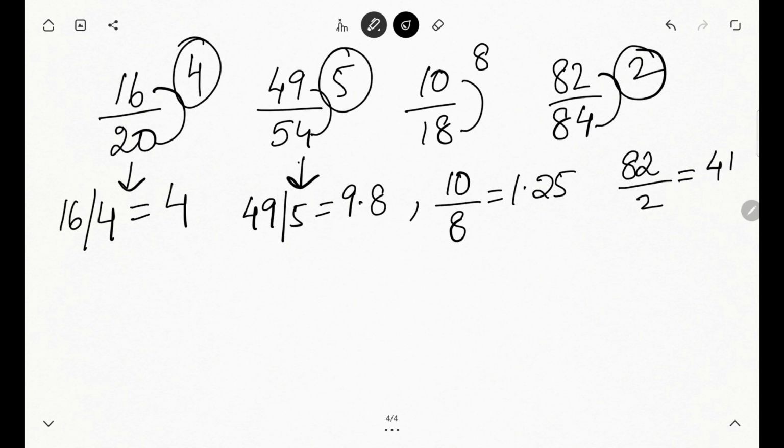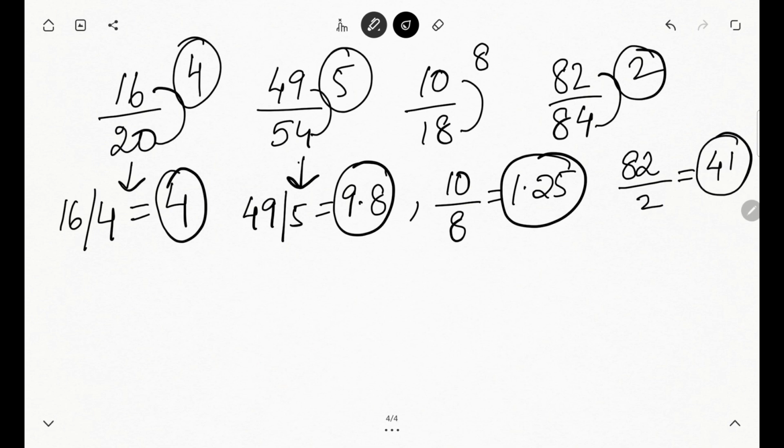Now we have to concentrate on the quotient, because it will help us arrange the fractions. We arrange the fractions according to the value of the quotient.